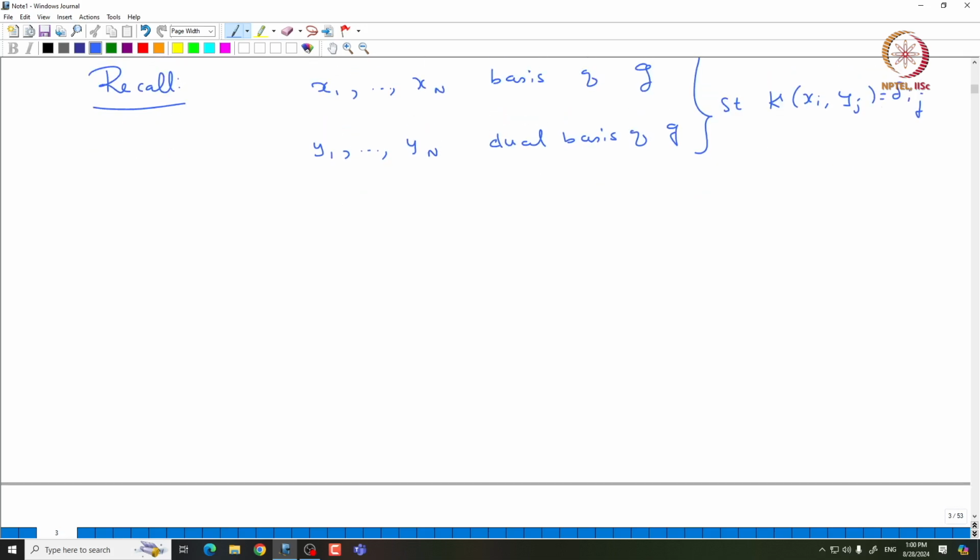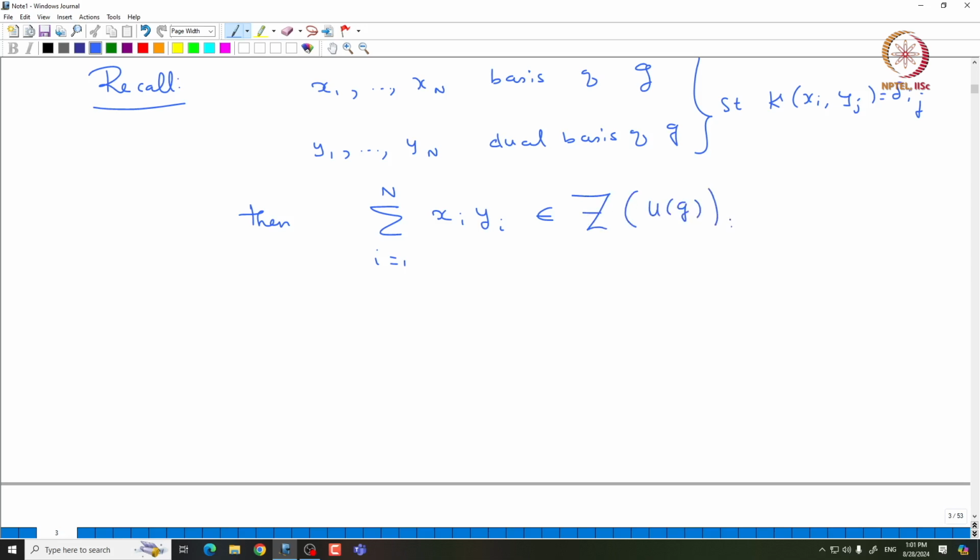Now once we have this basis, what we proved earlier is that the sum over i from 1 to n of xi yi, an element of the universal enveloping algebra, is in the center of the universal enveloping algebra.